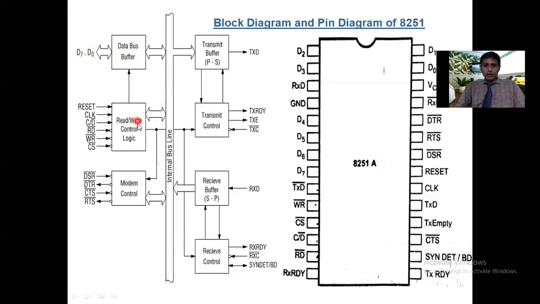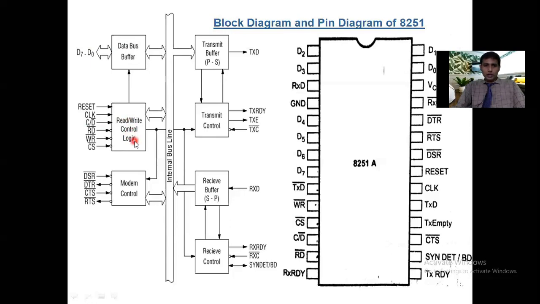Now coming to the read-write control logic. It determines whether the processor is reading data from the 8251 or writing data to the 8251. This read-write control logic is controlled by the processor. Accordingly, 8251 performs a read operation or write operation based on the command given by the CPU.